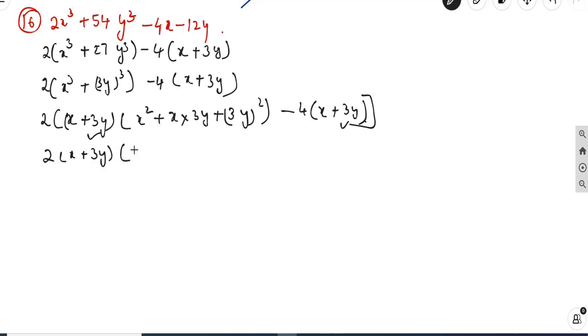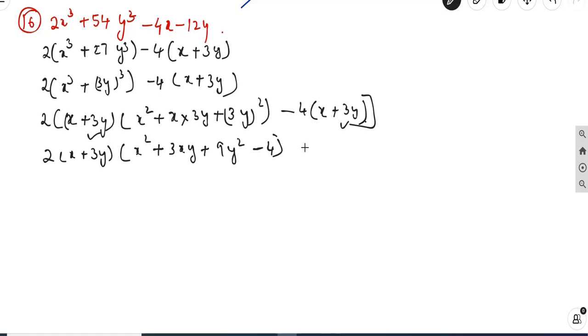Okay, so what is left? x square minus 3xy plus 9y square minus 4. Okay, can we solve this more? Can we solve this more? 2 we have taken out, no?